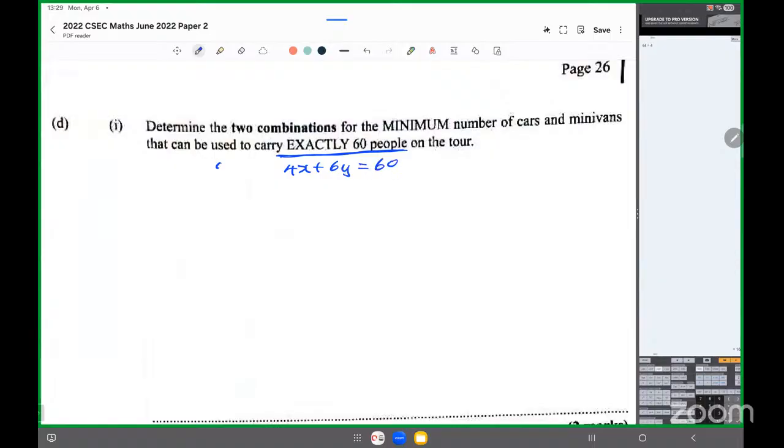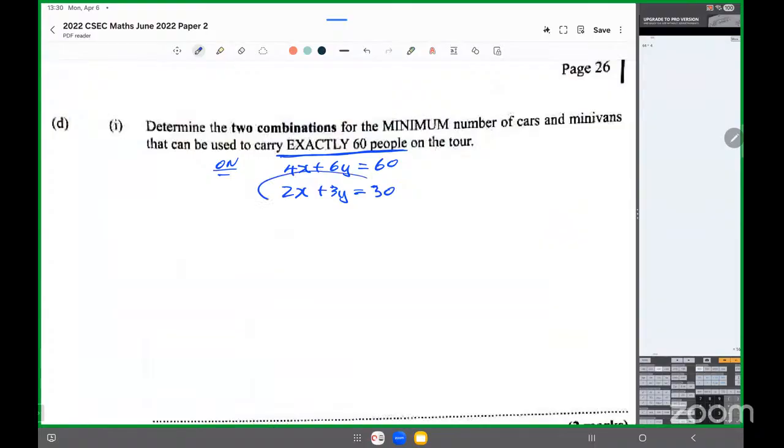That's four persons per car where there are x cars, and 6 persons per van where there are y vans. That total must be 60. This line was 2x plus 3y equals 30.